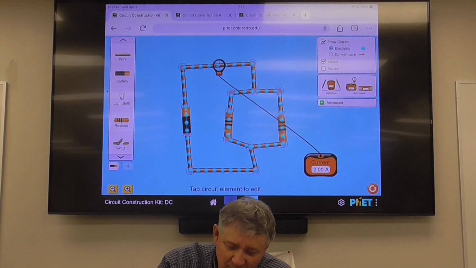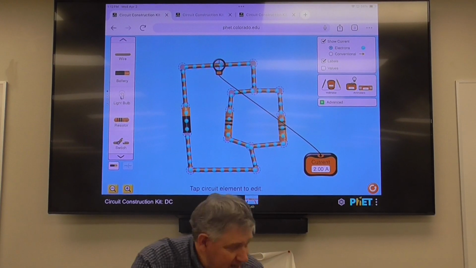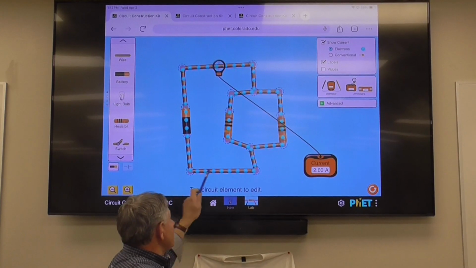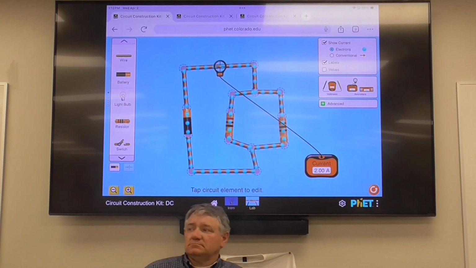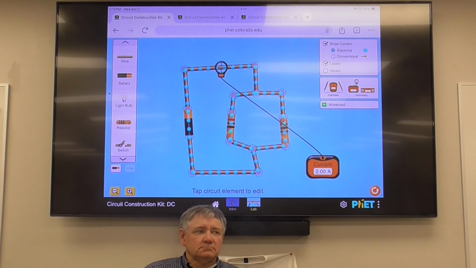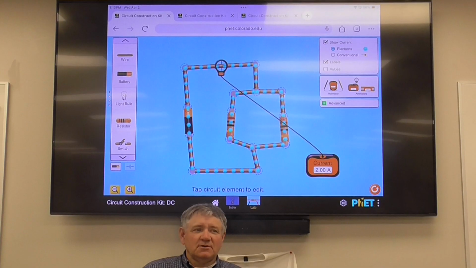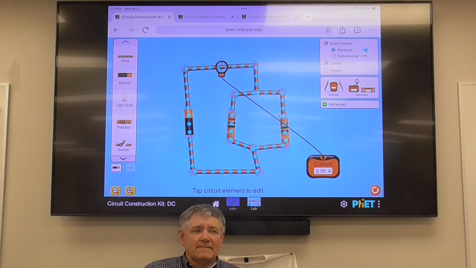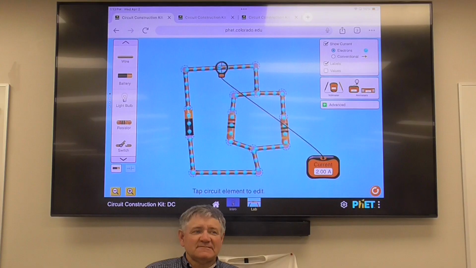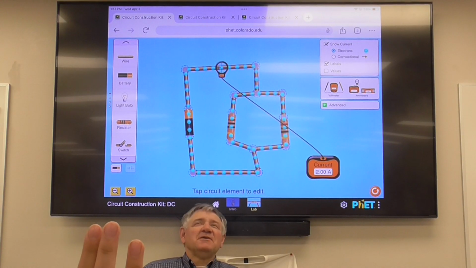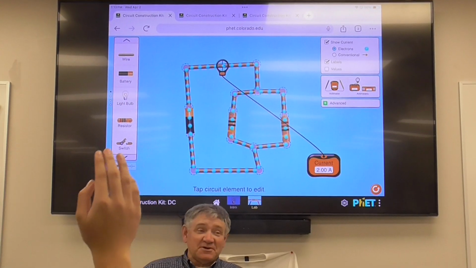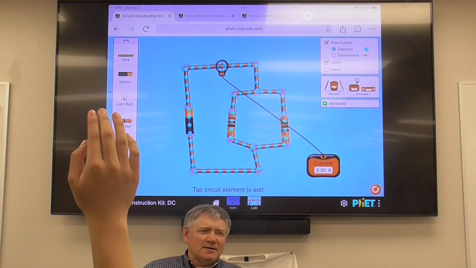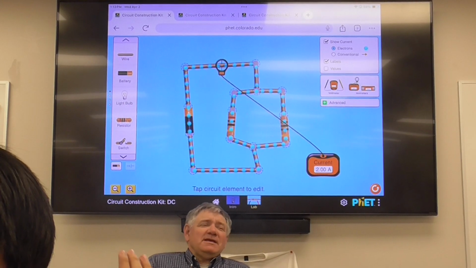So, here's my question. If that's 2 amps up there, is it gonna be 2 amps down here? Or is it gonna be less? 2 amps. Connor, what'd you say? 2 amps. Why?